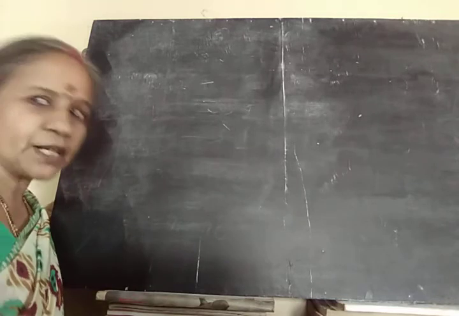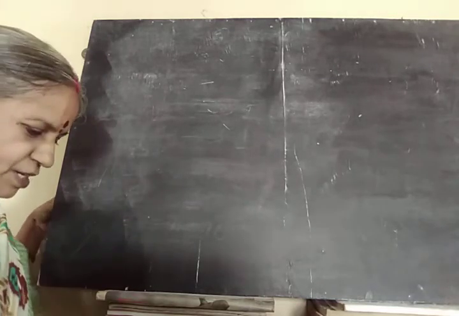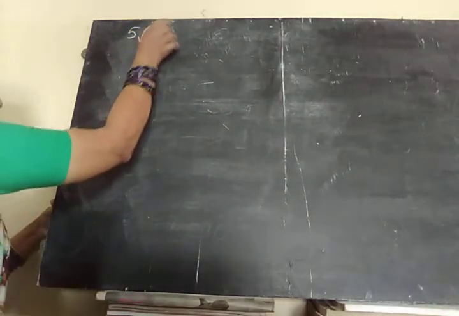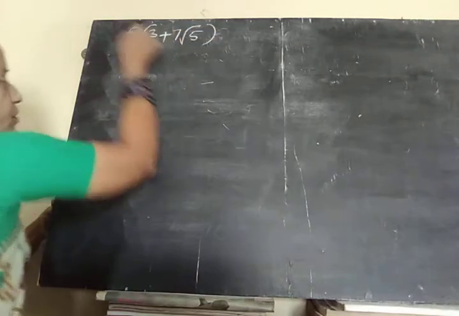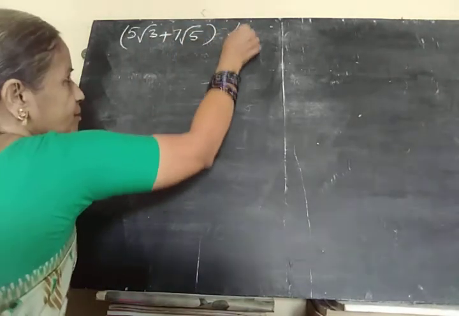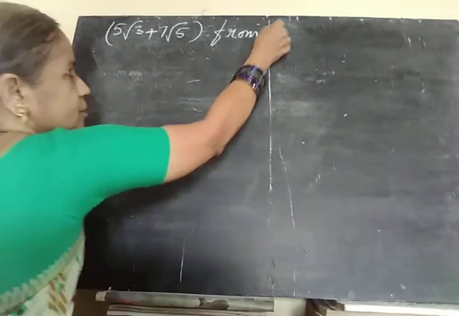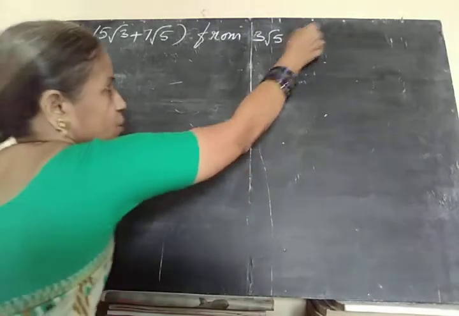Now how to subtract, how to add, how to multiply these irrational numbers. See, for example 13, subtract 5 root 3 plus 7 root 5 from 3 root 5 minus 7 root 3.